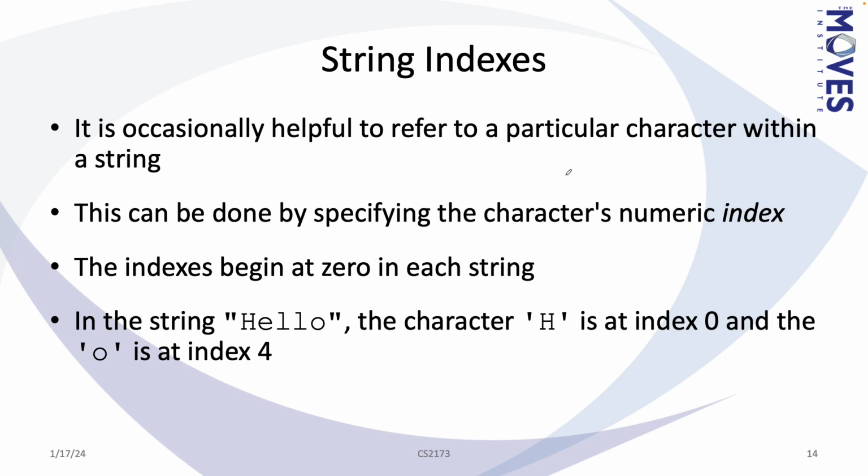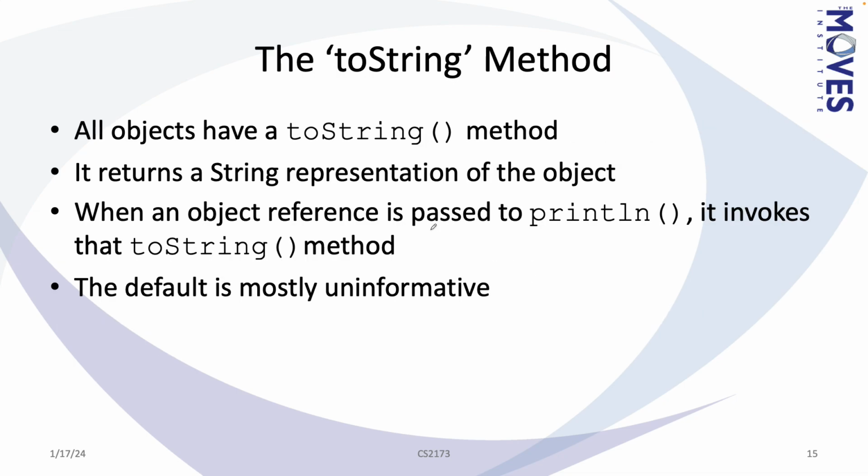I can capitalize the whole thing with uppercase, but I don't want that. I only want to capitalize one. And so what I usually have to do is grab the characters, turn a character into an uppercase, and then create a new string with the new character array. But that's only occasional.